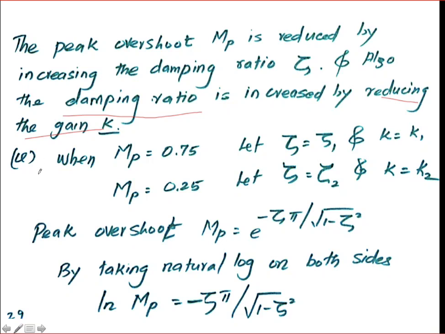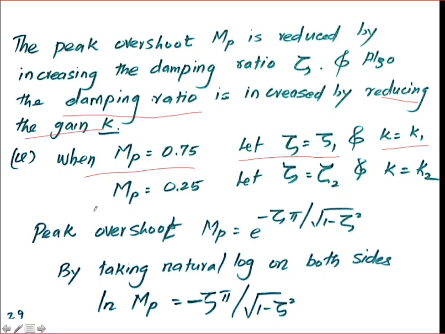Now, in the problem they said the peak overshoot Mp is equal to 0.75, the initial value of peak overshoot, that is 75 percent. For this particular condition, we consider zeta equal to zeta 1 and the gain k equal to k1.